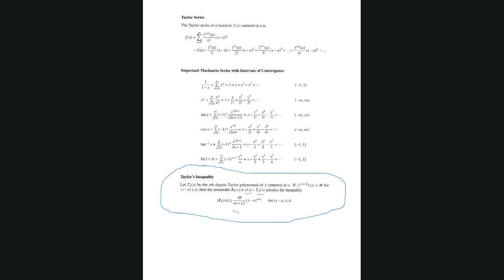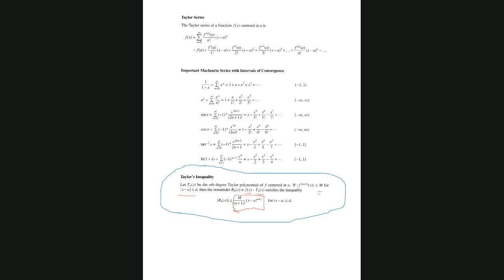The difference in those values is less than or equal to this right-hand side. I'm going to show you how to get those values, but the M value has to be greater than or equal to the absolute value of the (n+1)th derivative, for x minus a less than or equal to d. Okay, so I'll show you how this works.